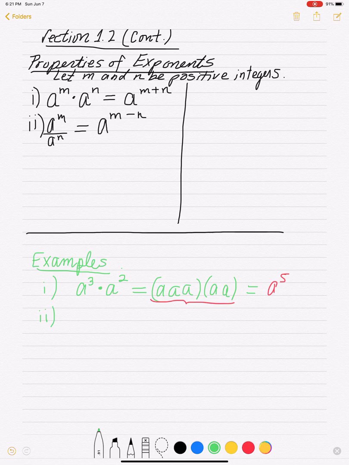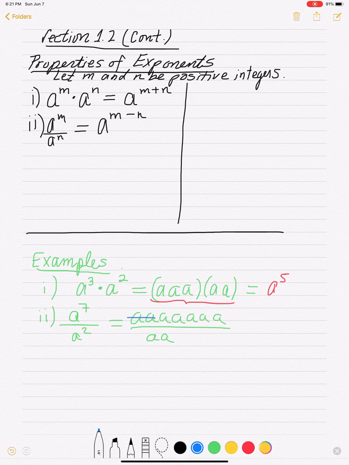Let's say that I have a to the 7th on top, and on bottom I have a squared. Now think about what a to the 7th means on top. It means a multiplied 7 times: 1, 2, 3, 4, 5, 6, 7. Yeah, that's 7 on top. Now a squared, what does that mean? I've got 2 a's on bottom. Now, there's a property of fractions, so you have to know a little bit about fractions here.